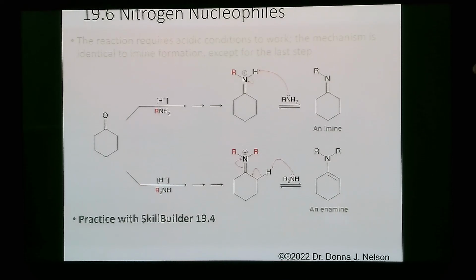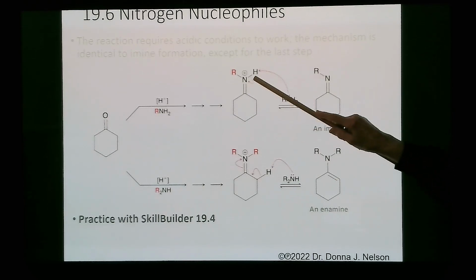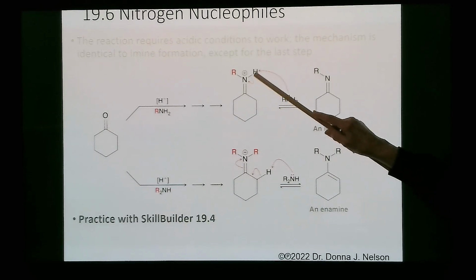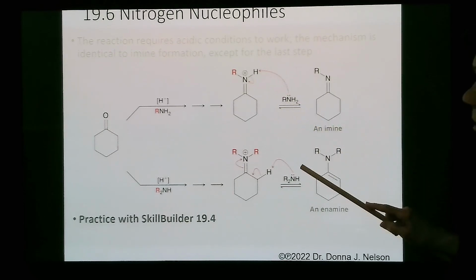So you can see this drawing emphasizes the difference between the two mechanisms. Here is just the last step of those two mechanisms. In the first mechanism that you saw, a proton is being removed from nitrogen.